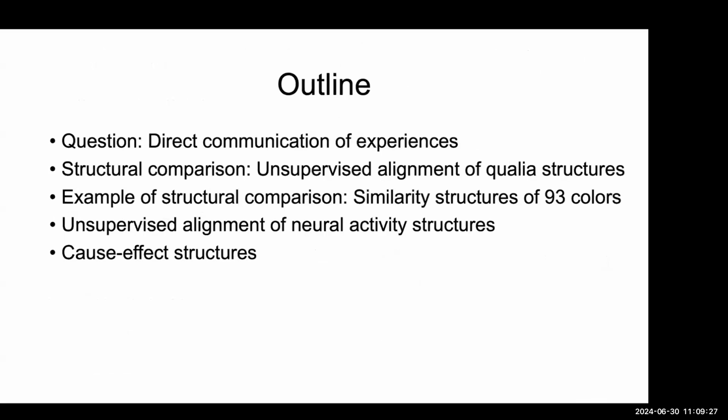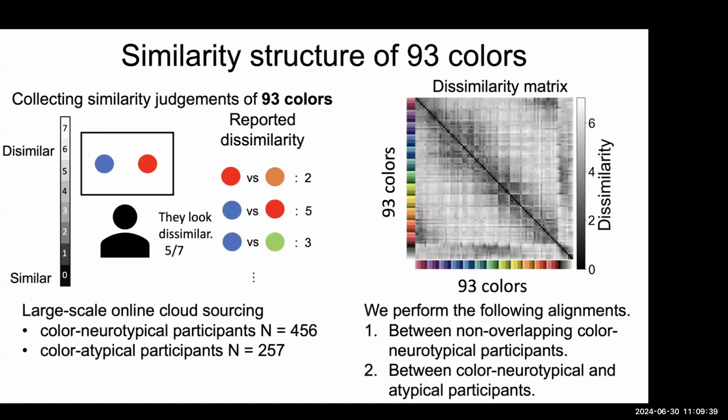Then I'll show you a particular example of a structure comparison, which is a similarity structure of 93 colors. As was mentioned a little bit in his talk, we performed similarity judgment experiments of 93 colors via large-scale online crowdsourcing. We collected data from 456 color neurotypical participants, and 257 color atypical participants.